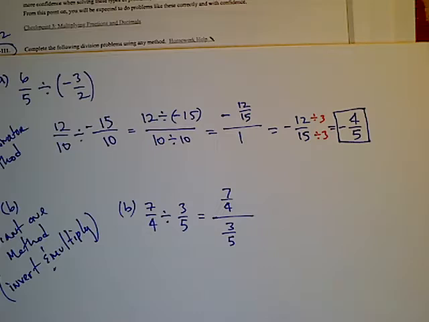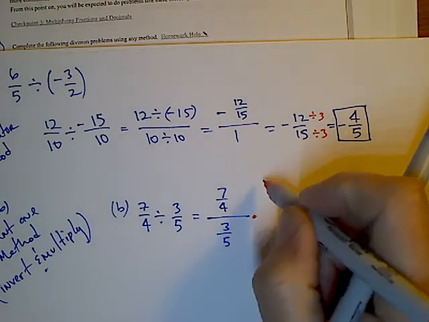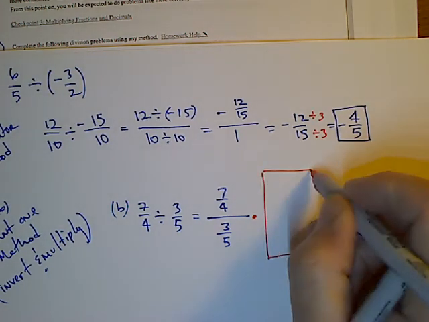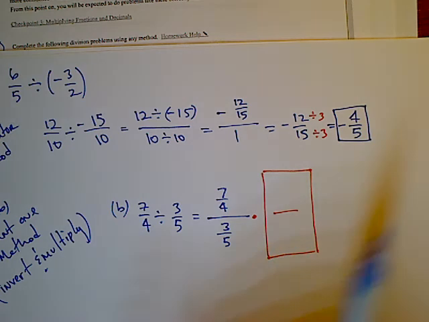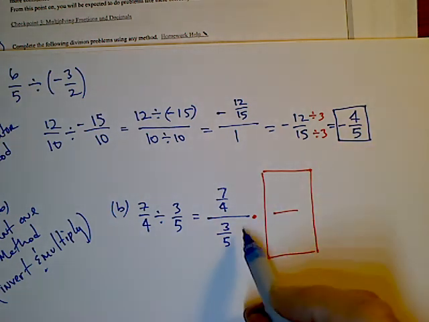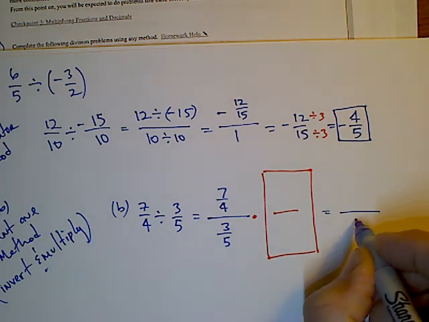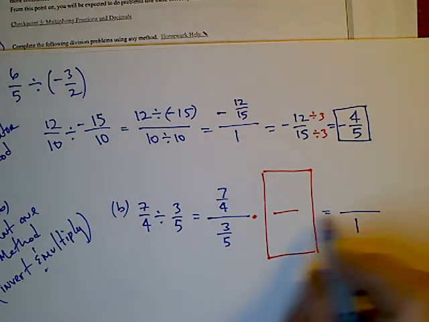The giant 1 would be something I multiply all of this by that equates to 1, the same thing over the same thing, but that's going to cause my denominator to become 1. I need a multiplicative inverse.